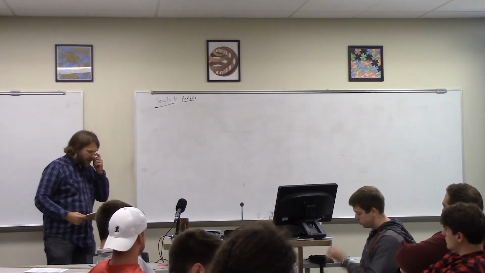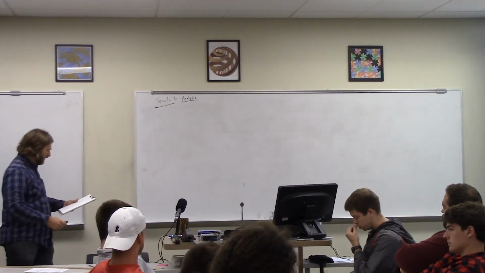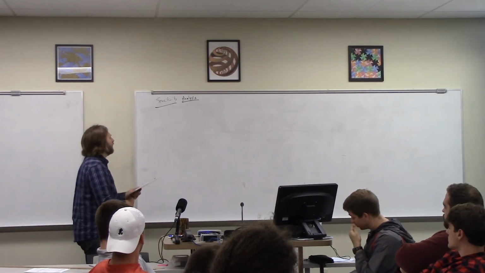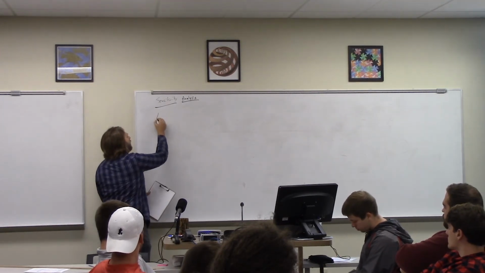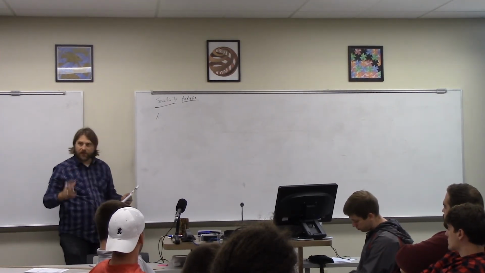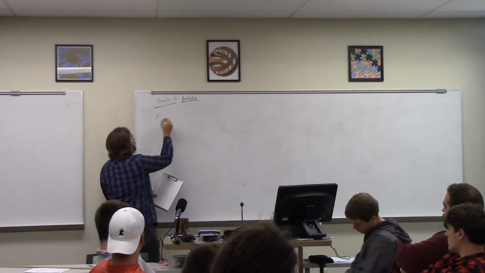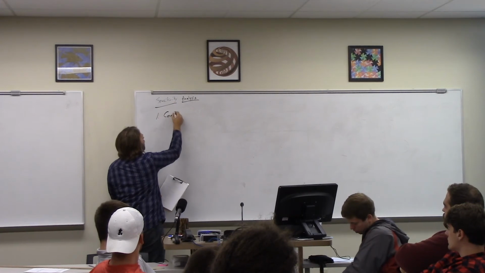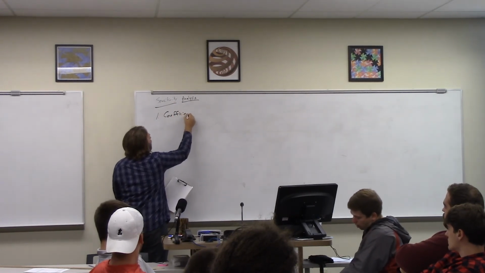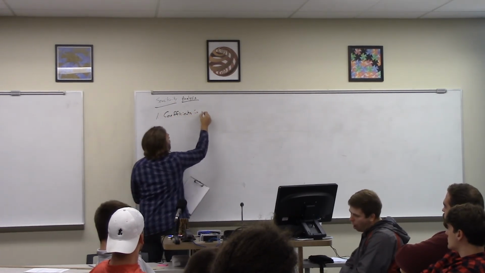So when we're doing sensitivity analysis, we're going to look in this class at two specific ways that we can be sensitive. The first one is we can look at the coefficients in our objective function.